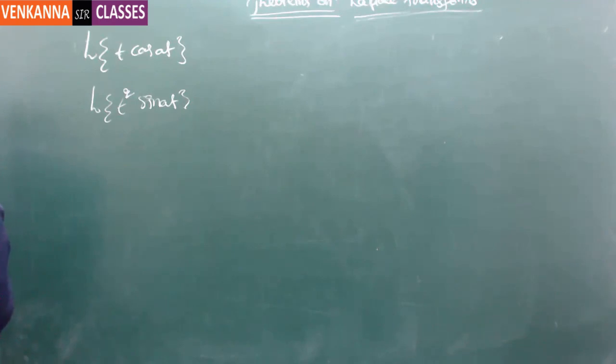That's correct: s square minus a square divided by s square plus a square whole square. What is the Laplace transform of t square sin at? Double differentiate and tell me the answer. For sin at, you need to do the double differentiation.